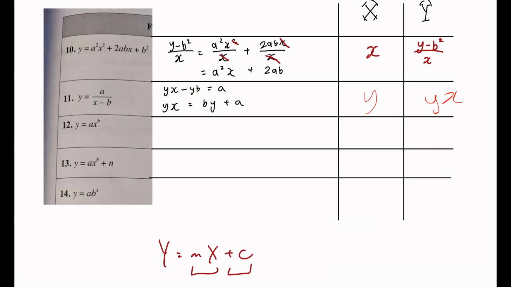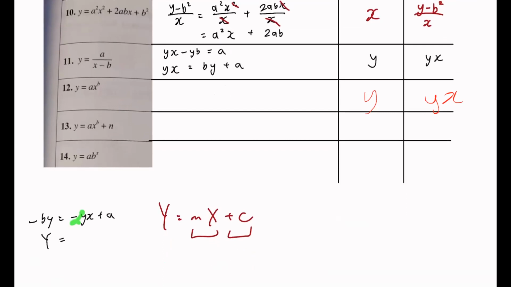So y equals yx, b equals y. Of course, you can also swap them around equivalently. You can also get minus by equals minus yx plus a. Then in this case, this will be capital Y equals, hold on. No, that doesn't work. Cannot. There's no m here, right? What's the m? Actually there's a negative one.